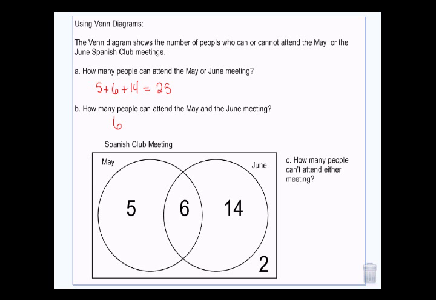Okay. If we ask for just May, that's 11. If you ask for just June, that's 20. Do you see how that works? And then how many people can't attend either meeting? 2, right? Because those are the people that are not inside the circles.